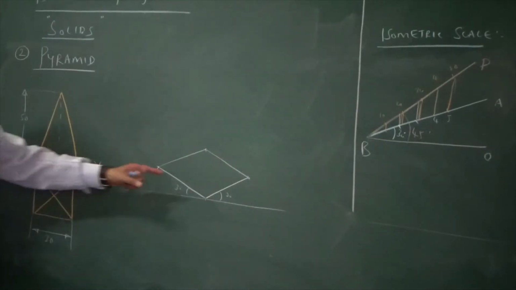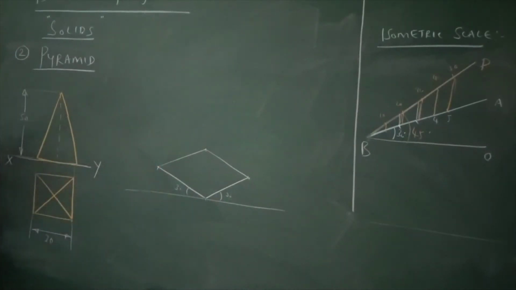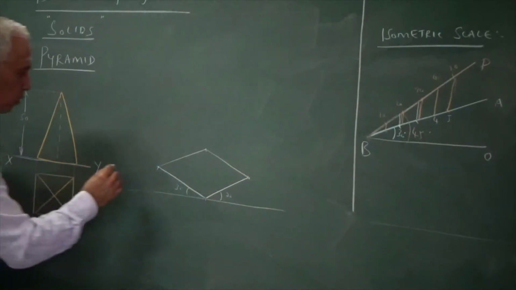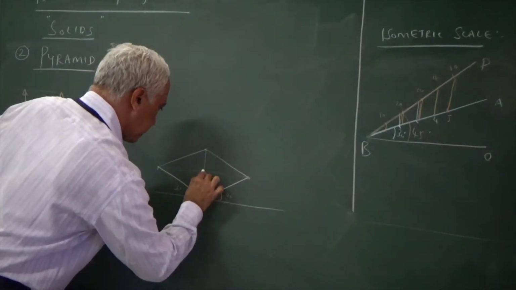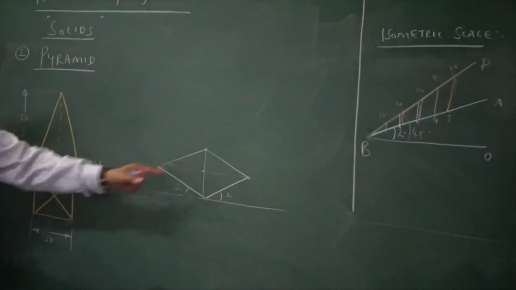Now, in a pyramid I will locate the apex point, which is the line that joins the center of the base to the point where the axis height coincides. So draw two diagonals and obtain the center of the base in the top view.